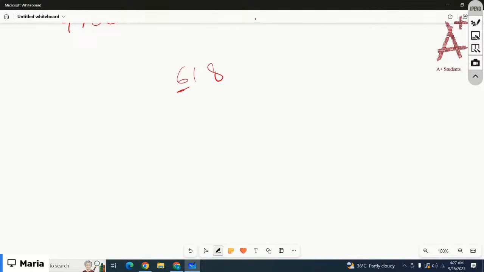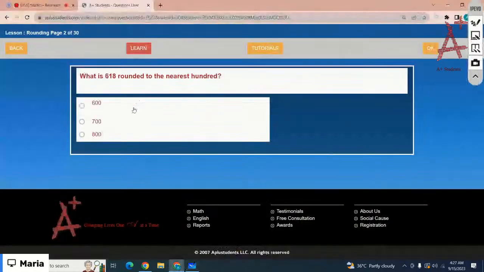Here you have 1. You have to compare this 1 to 5. 1 is less than 5. That means you have to round on the same hundred and replace the other two digits with 0. It would be rounded off to 600, right? So the correct option is 600.